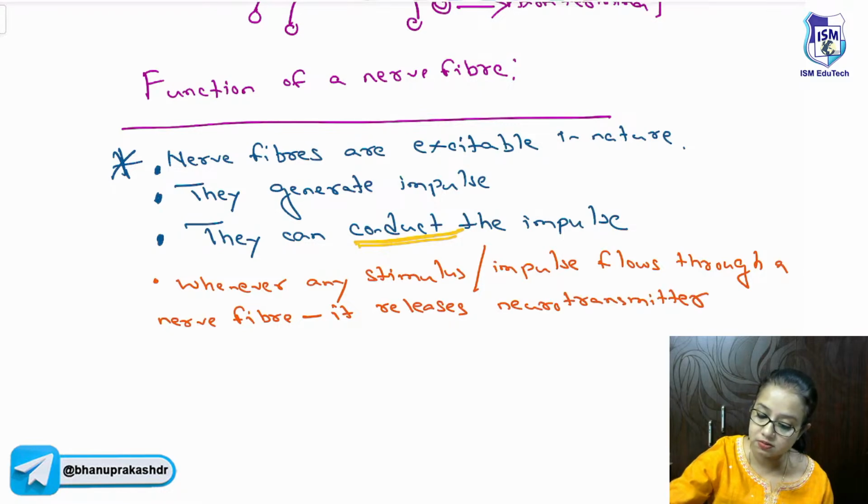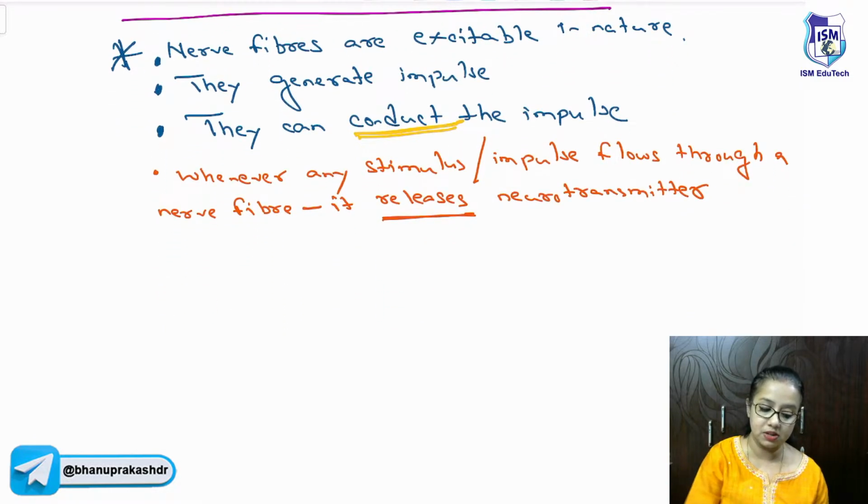Very important function of a nerve fiber. Whenever there is any impulse passing through the nerve fiber, it will release neurotransmitter.